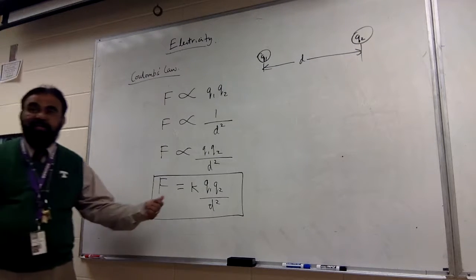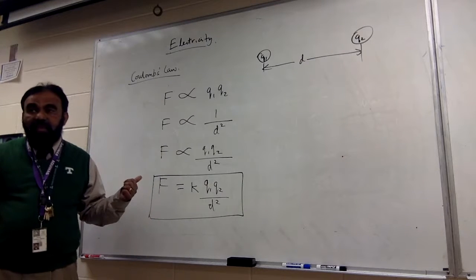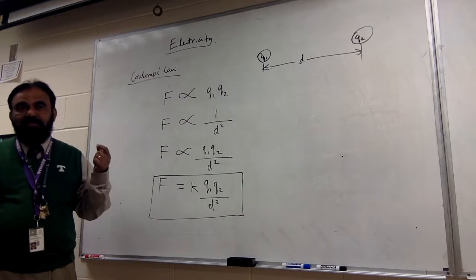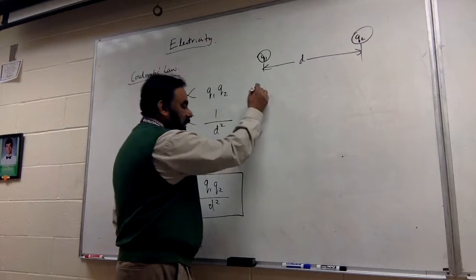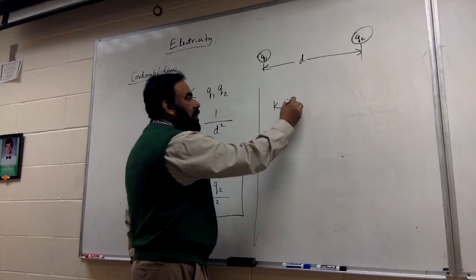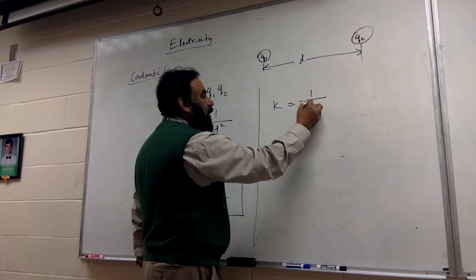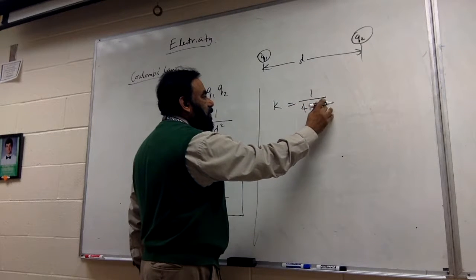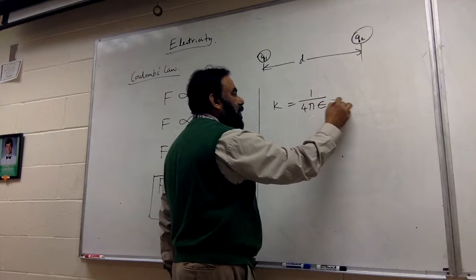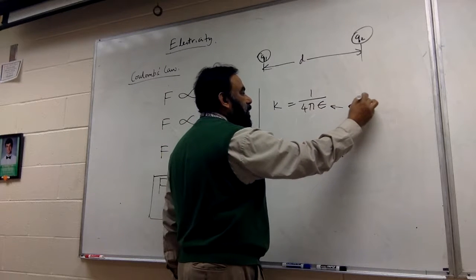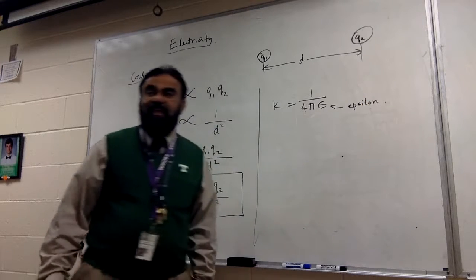Now that K is just a short form of writing it, but the actual K is 1 over 4 pi epsilon. This letter is epsilon, a Greek E.